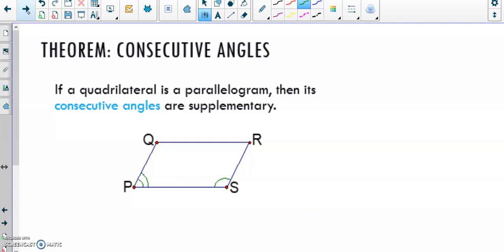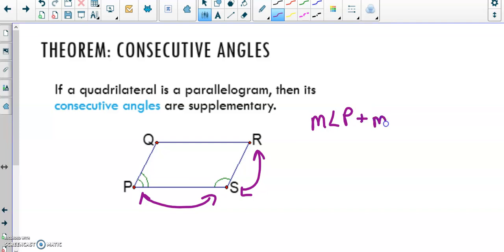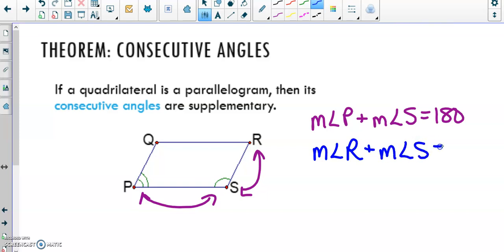If a quadrilateral is a parallelogram, then its consecutive angles are supplementary. Consecutive angles are angles like these two or these two that are next to each other. So supplementary means that they add up to be 180. So the measure of angle P plus the measure of angle S is equal to 180, and the measure of angle R plus the measure of angle S is equal to 180 as well.